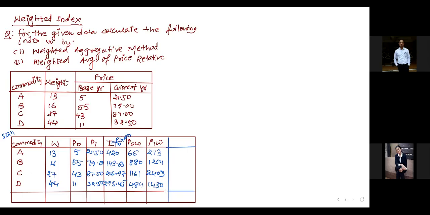Sir, in I column, first value will be 430. Yes. Okay. It's 430. One column which I had missed out is IW.